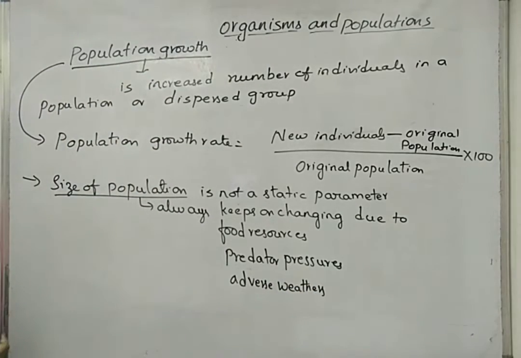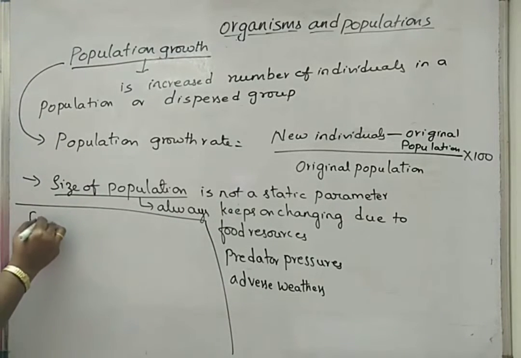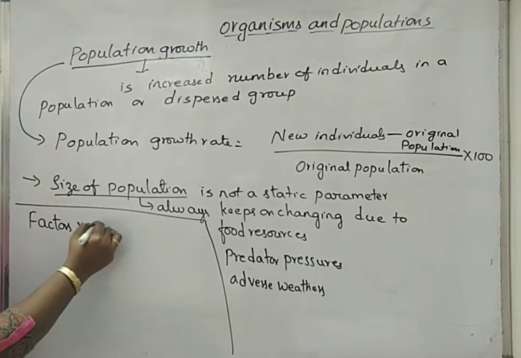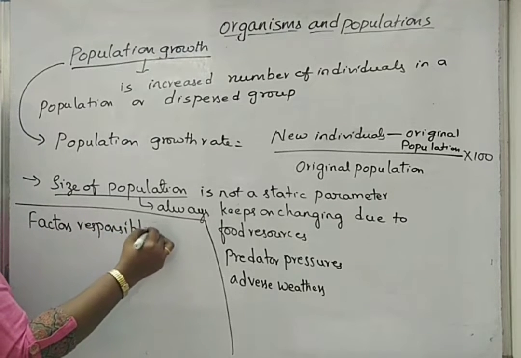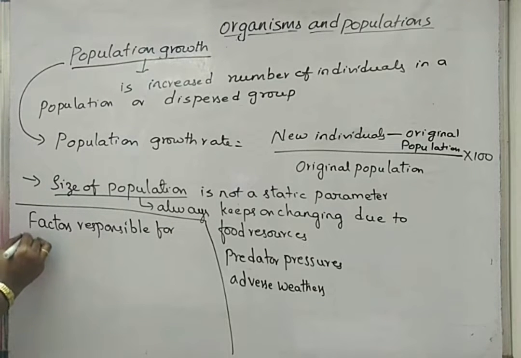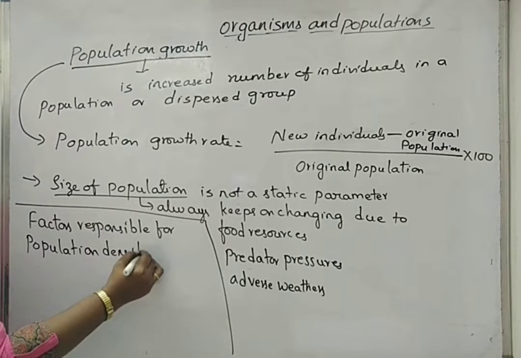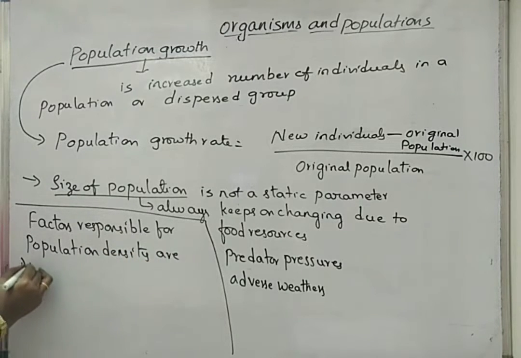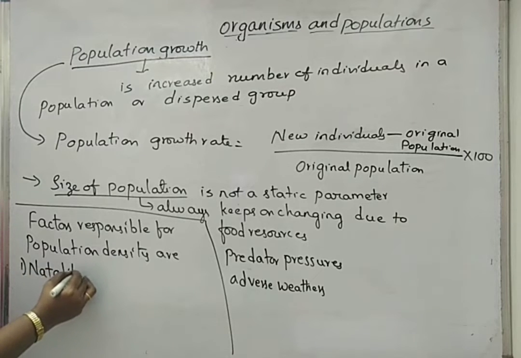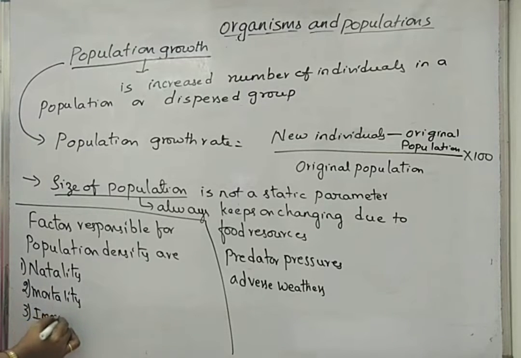What are the factors that are responsible for population density? Factors responsible for population density are, first one, natality, second, mortality, third, immigration, fourth, emigration.